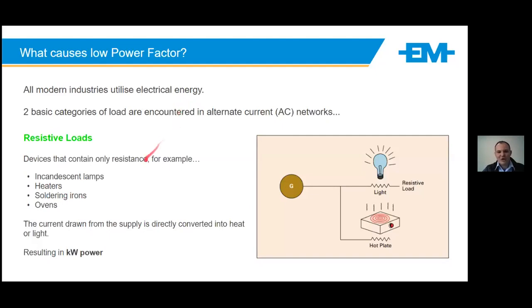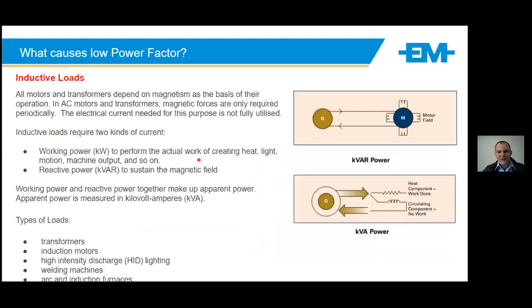A resistive load is a heater, a lamp, or a soldering iron, and the direct result is kilowatt. So in equals out, useful power, directly converted to something that is useful. In our example, the generator, the utility, supplies kilowatt, and it is considered a resistive load.